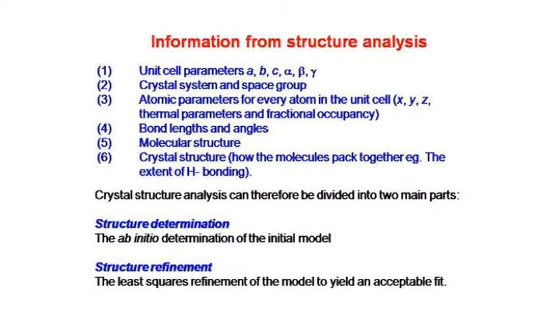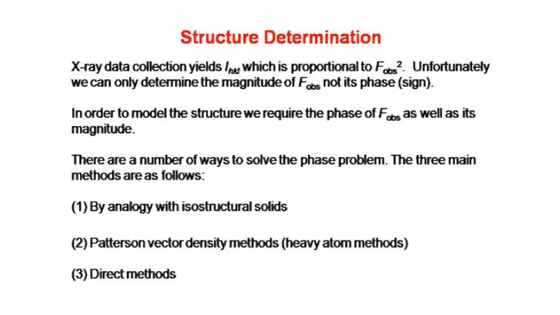As I said yesterday, ab initio: from scratch, from the beginning, where you don't have any preconceived ideas about what is in the structure. So structure determination is common to powder diffraction as well. So what I'm going to say today is good for tomorrow. So I'm not going to repeat it tomorrow.